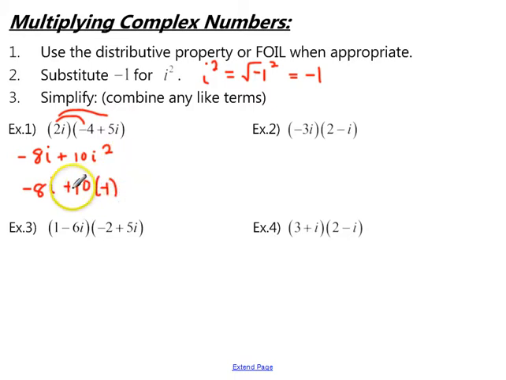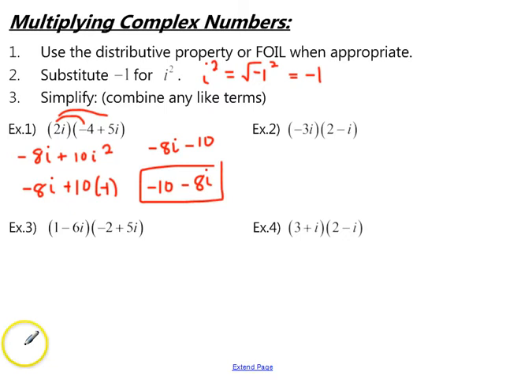To simplify, this gives us -8i, +10 times -1 is -10. Then our last step is just to write this in standard form. So we put the -10, the real part, in front, and then the imaginary part comes second. And then there's our final answer.